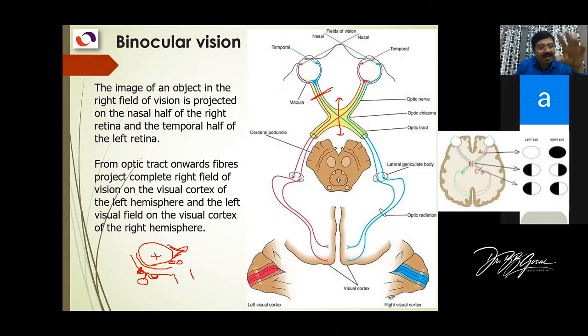Is it clear about thalamus, hypothalamus, and other parts? I explained how the pathway goes, and how binocular vision works also. Now let's understand the last part: when these particular fibers are damaged here, or here, or here, all will have the same effect, because as you can see, nothing has changed here.